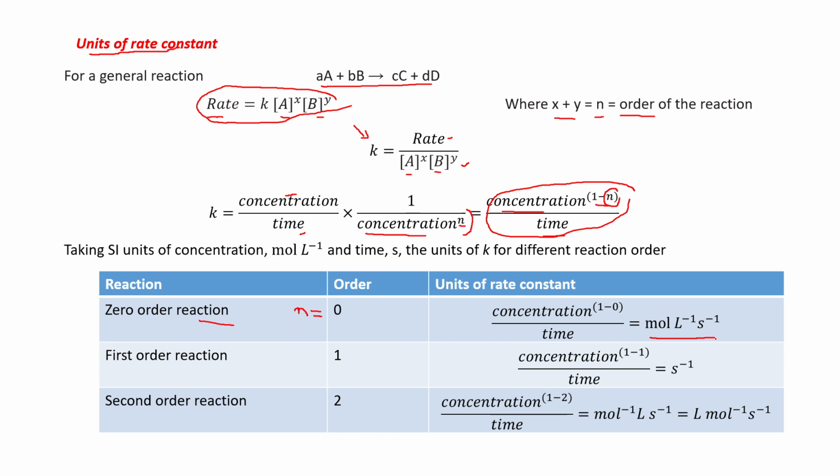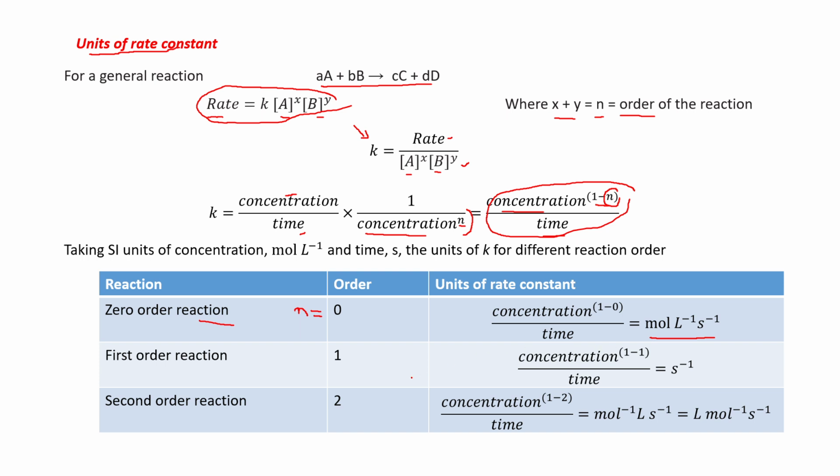This is the unit of the rate constant for a zero order reaction. Again, see this unit we also discussed. Do you remember? This is the unit for the rate of a reaction. So for a zero order reaction, the unit of the rate constant is the same as the unit of the rate of a reaction.